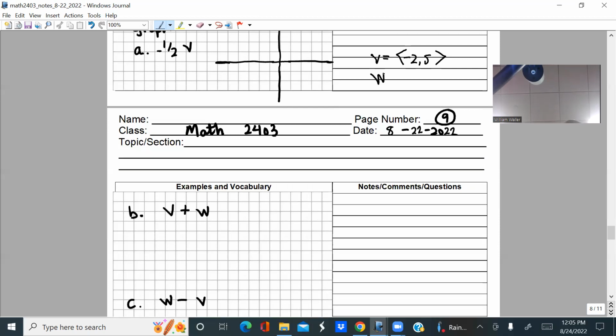And W was what? W was 3 and 4. Okay, so calculate these for me. Minus 1/2 V, V plus W, W minus V. You don't have to draw a picture of them. Just calculate them from these original vectors, V and W.